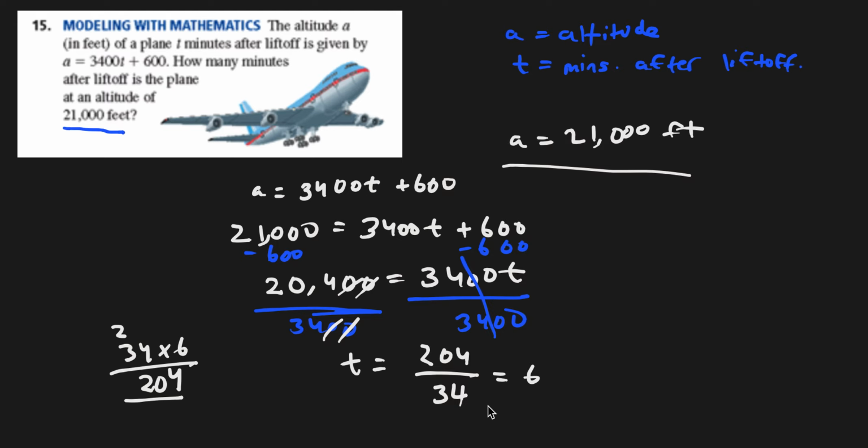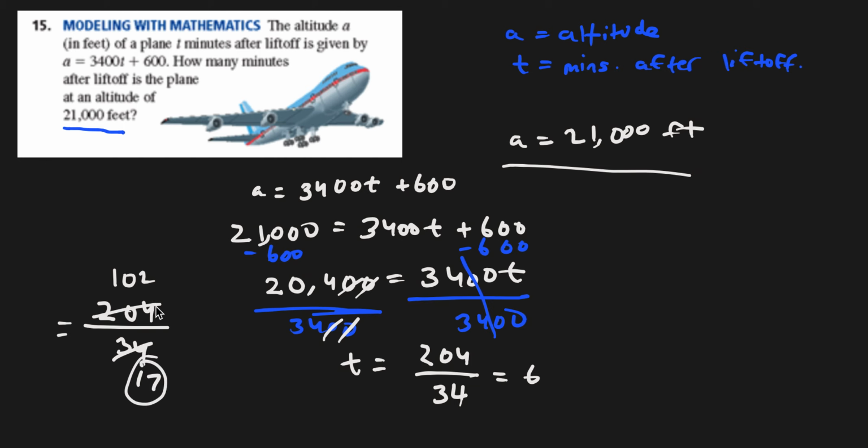6 is the answer. What you could have done as well, if you didn't want to process these big numbers, is you could have also simplified. So if we had 204 divided by 34, we can obviously divide the top and the bottom by 2. This would be 102. This would be 17, right? And then 102 divided by 17.